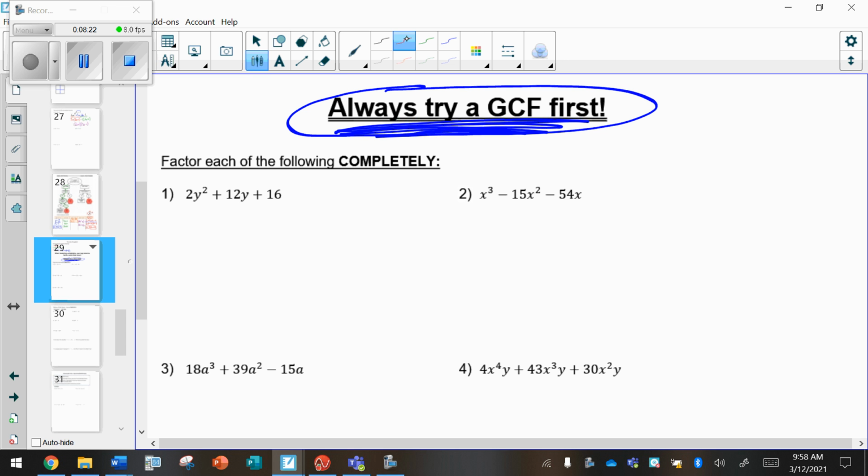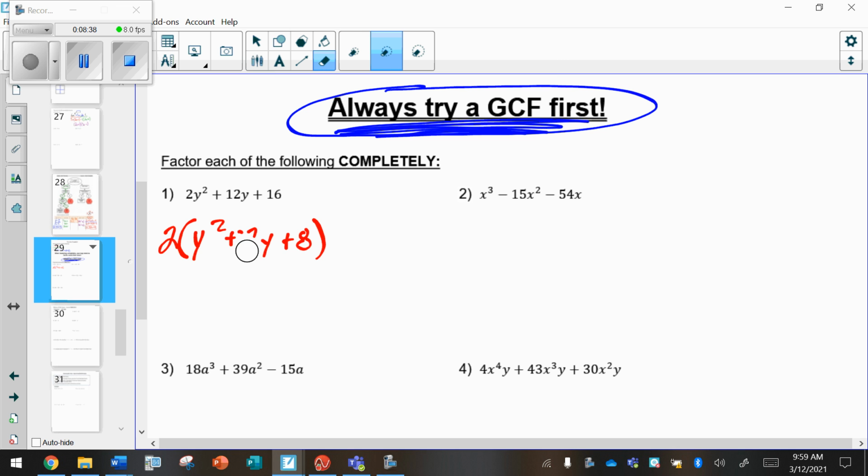So for example, number 1, I notice that these are all even numbers, so I can divide out a GCF of 2, leaving me with y squared plus 12y plus 8, plus 6y in the middle. Now, when it says factor completely, that means there may be more than one round of factoring per question.